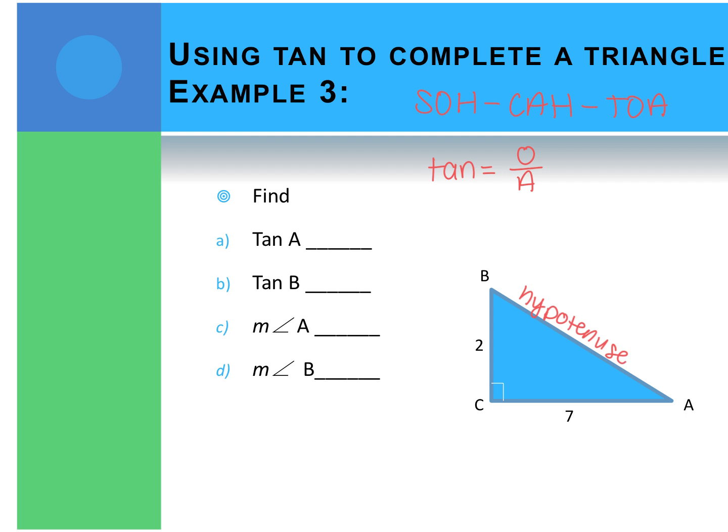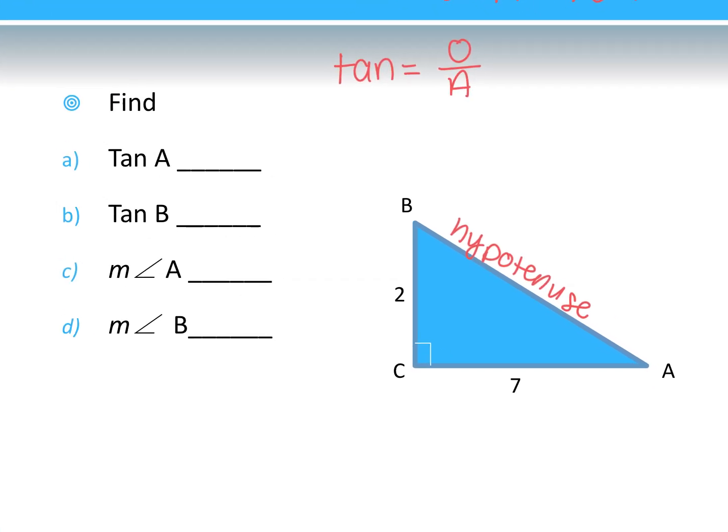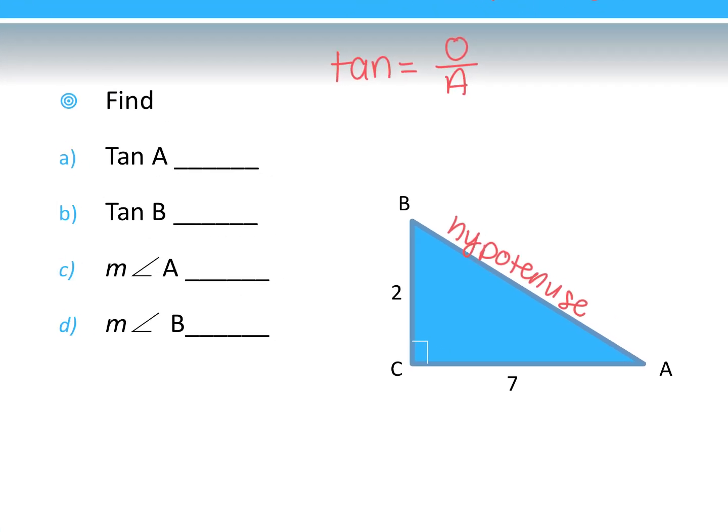Your hypotenuse stays your hypotenuse. So they want me to find tan angle A. Looking at tan angle A, what's my opposite side? It's my 2. This is my opposite side. And then what's my adjacent side? 7. This is my adjacent side for my purple.